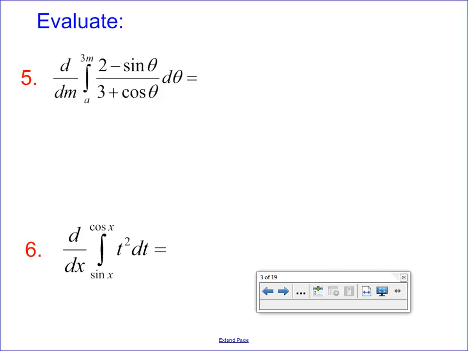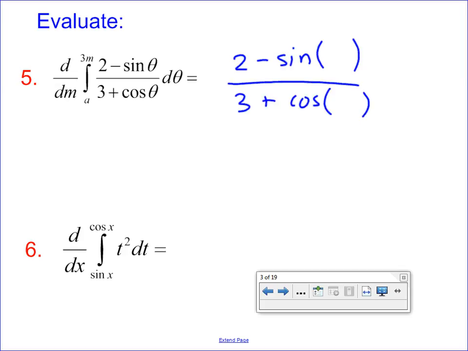So I'll rewrite the original 2 minus sine of all over 3 plus cosine of, but I'll substitute in my upper limit 3m everywhere my integrand function accepts inputs.